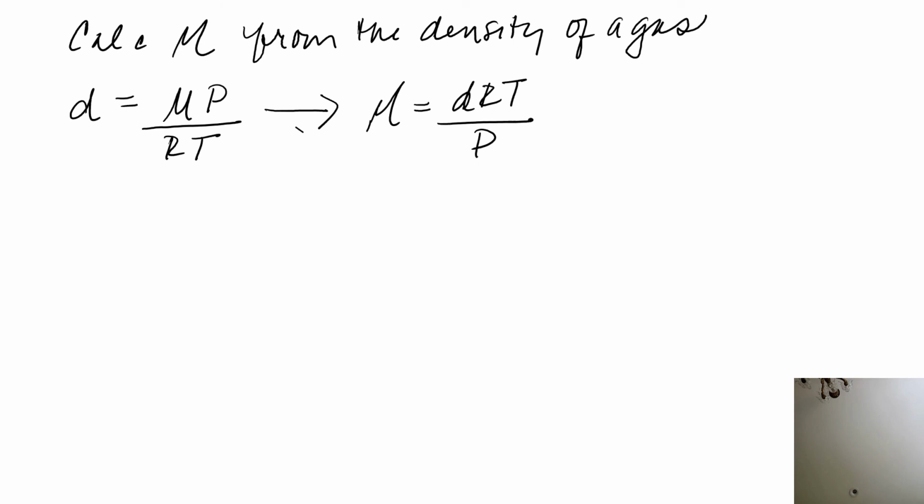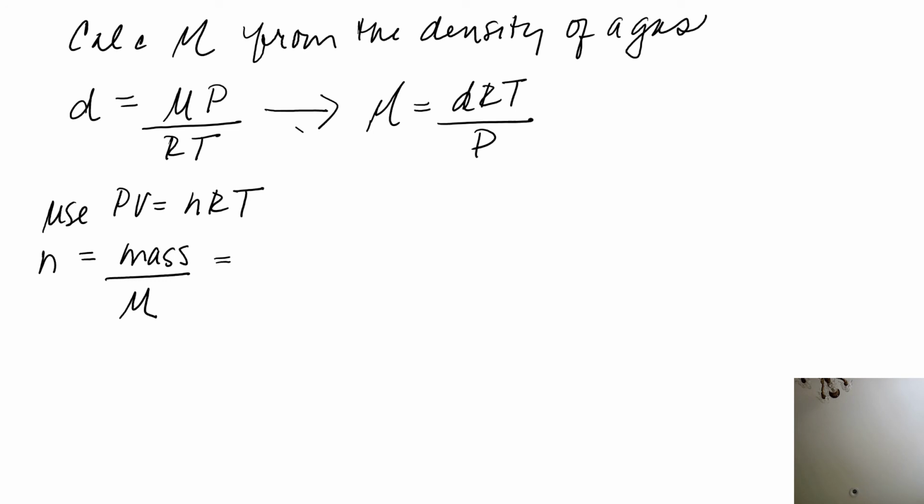So once again, we could use PV equals nRT, where we know n equals mass divided by molar mass. And units here then are going to be grams over grams per mole. So PV equals grams RT divided by molar mass.